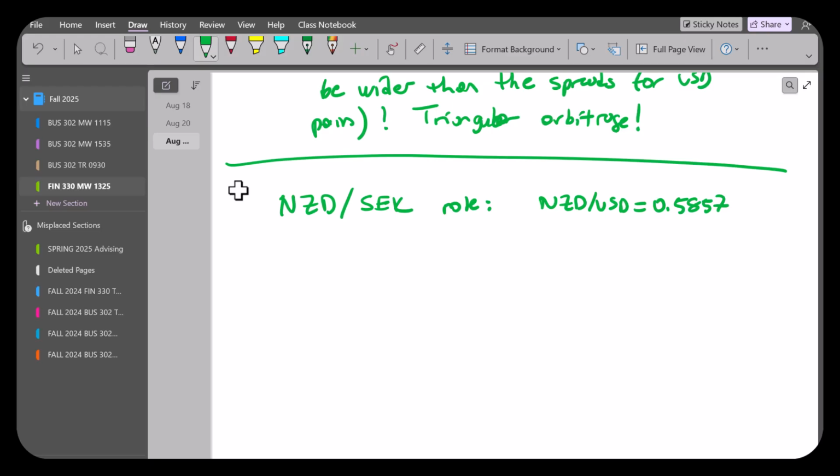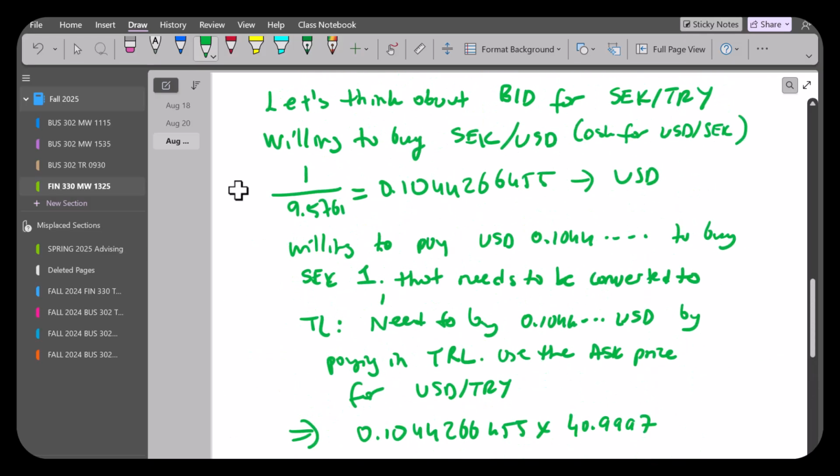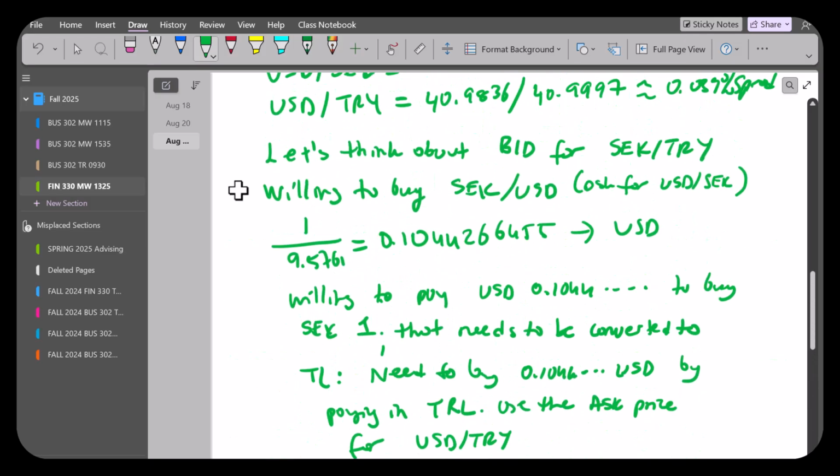They're quoted as value of that currency in US dollars. And on the other hand, USD/SEK, which is the bid here. What was it? 9.5561.